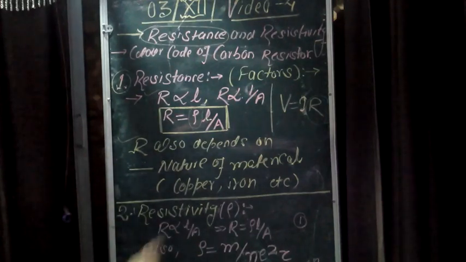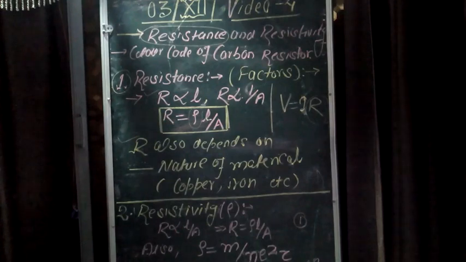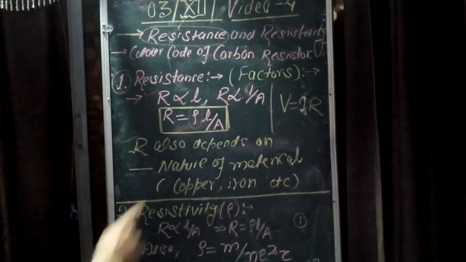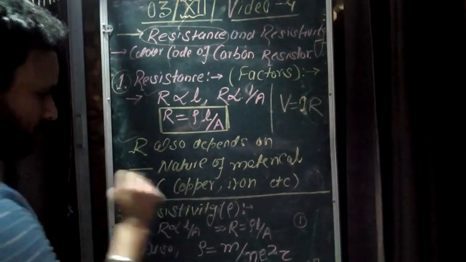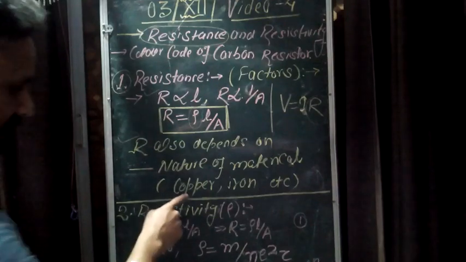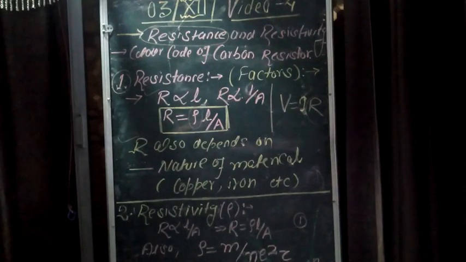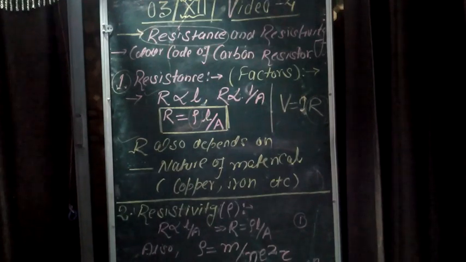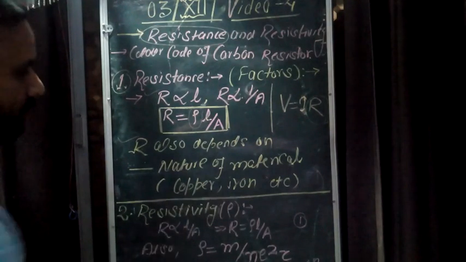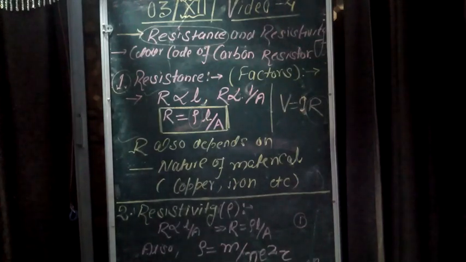Also, the nature of the material plays a very important role in the variation of resistance. For example, copper and iron. We know that the resistance of copper is very less in comparison to iron. Also, if we take gold, the resistance of gold is very less in comparison to iron and copper.